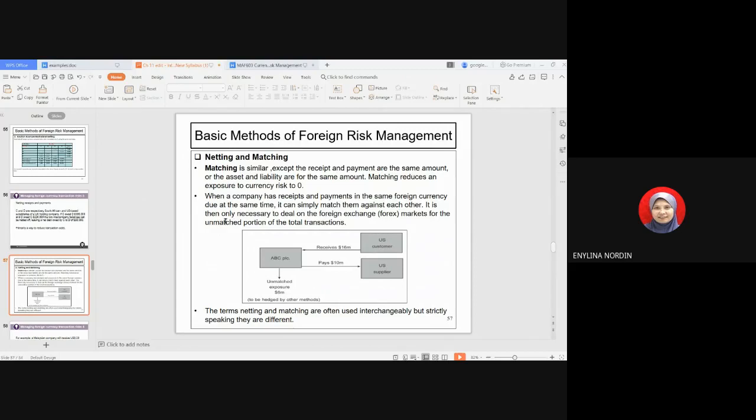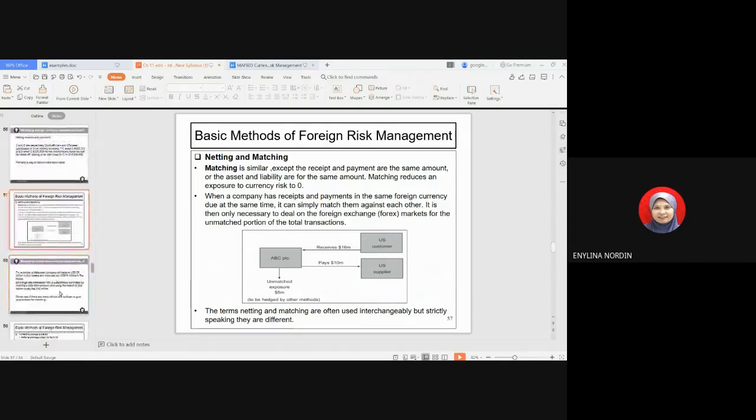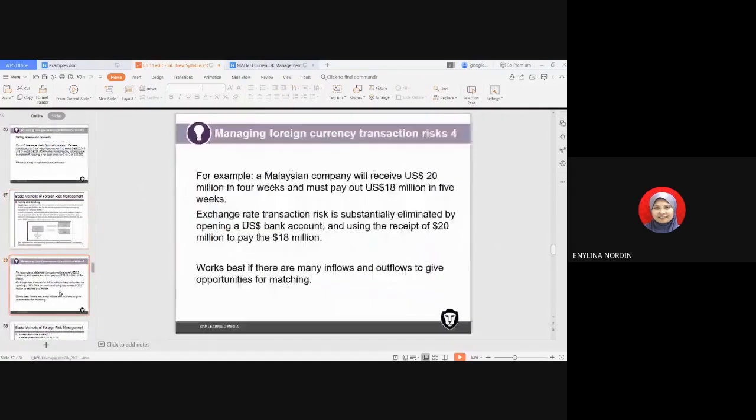It is then only necessary to deal on the foreign exchange market for the unmatched portion of the total transaction. The terms netting and matching are often used interchangeably, meaning it's just the same, but strictly speaking, they are different.